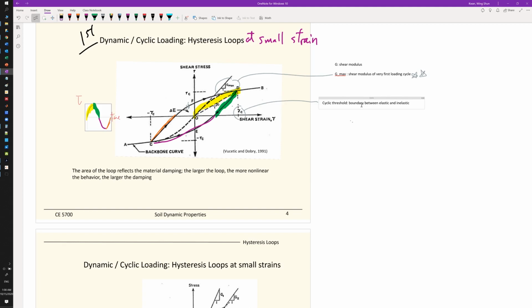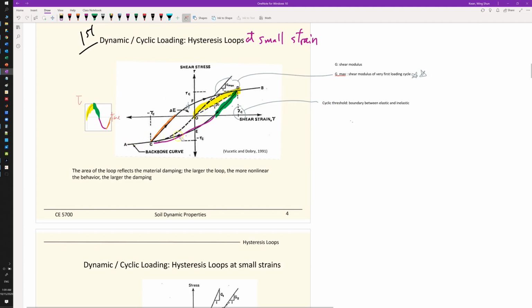So after your first loop, you start getting into the elastic range, and we will talk a little bit more about that. This part of the curve: you start from the very initial part, you reach your turning point, and that is your cyclic threshold, and then you go to the reversal.